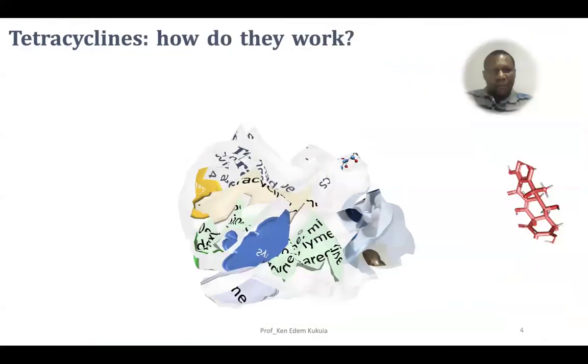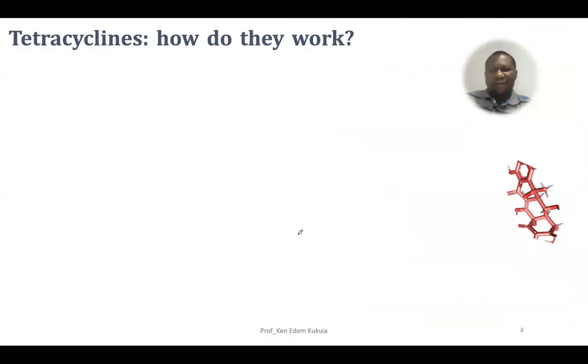Now, if we want to understand the pharmacology of tetracyclines, we would want to look at how they do their work exactly. Okay, how do they do their work? Usually we describe tetracyclines as a group of drugs that work by inhibiting bacterial protein synthesis.